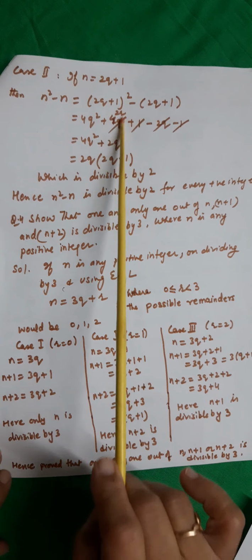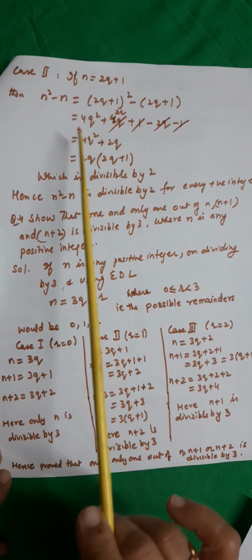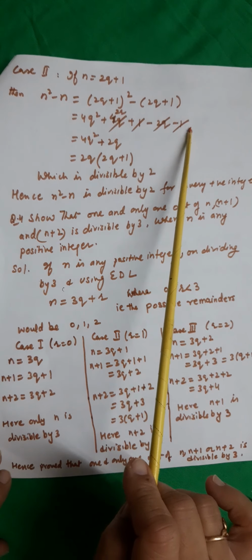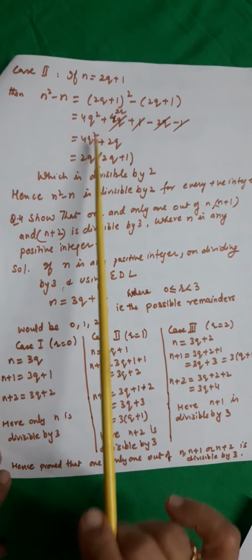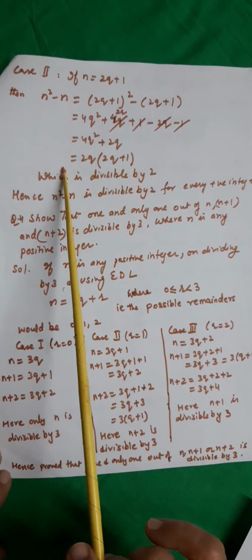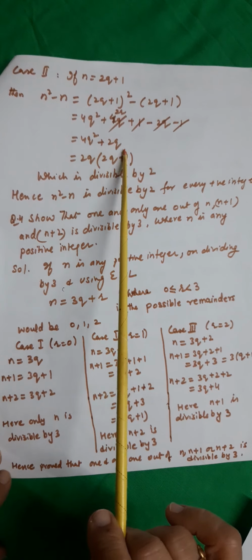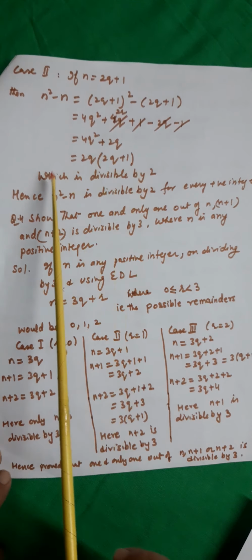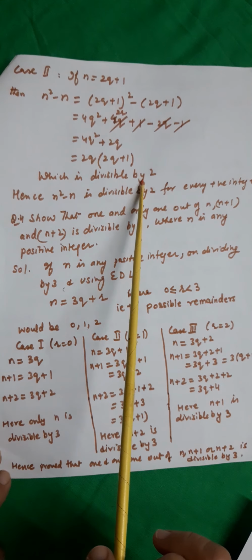Now this 4q and this 2q, they will cancel and I am left with 2q. So my 1 and minus 1 also get cancelled and we are having 4q square plus 2q, which is equal to 2q, and inside the bracket you can write 2q plus 1, which is again a multiple of 2. So it's divisible by 2.